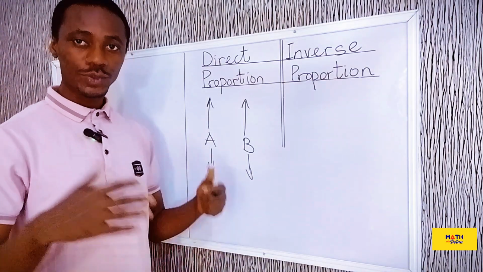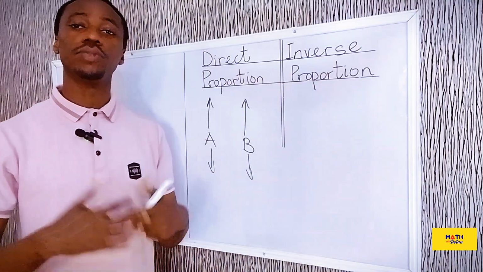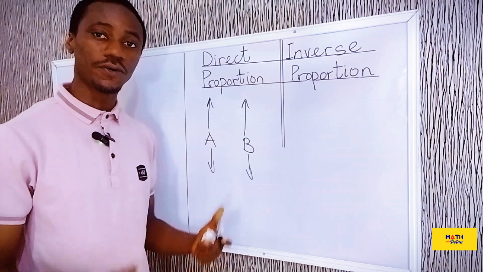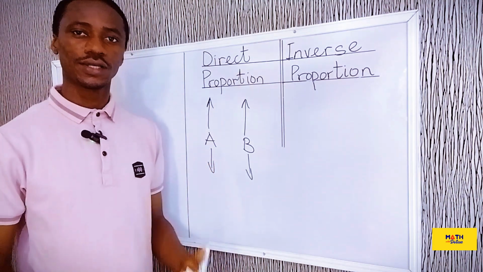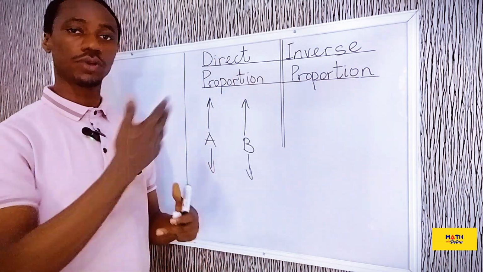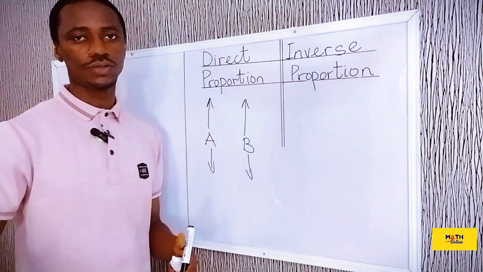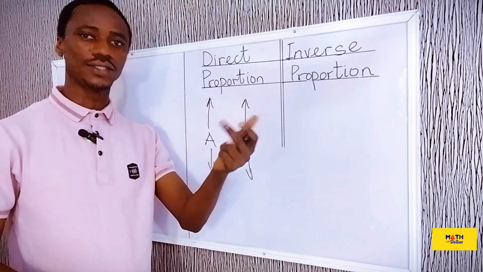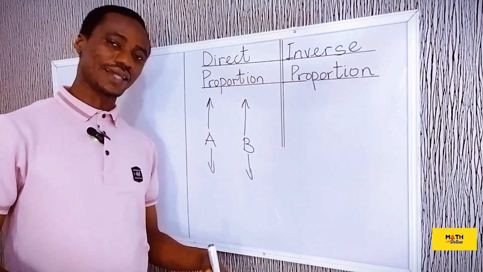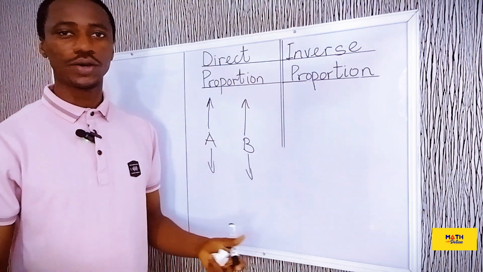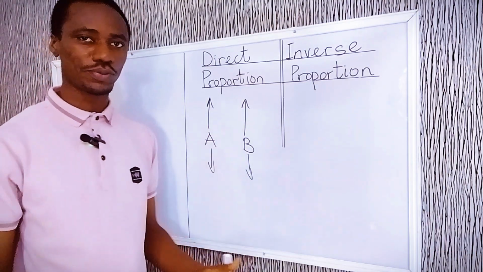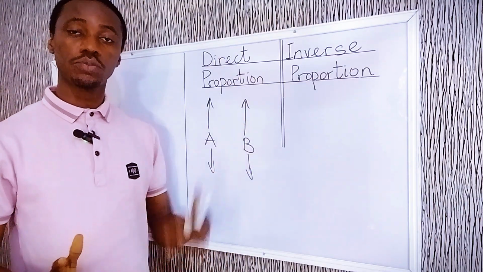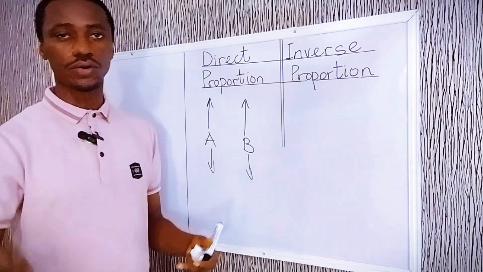When you go buy something, you're buying in direct proportion. If you buy one candy for $10, that means if you increase the number of candies you want to buy, then you have to pay more. The more candies, the more you pay. The less candy, the less you pay. So that's direct proportion. This is going up, you need more of this, then you also need more of that.